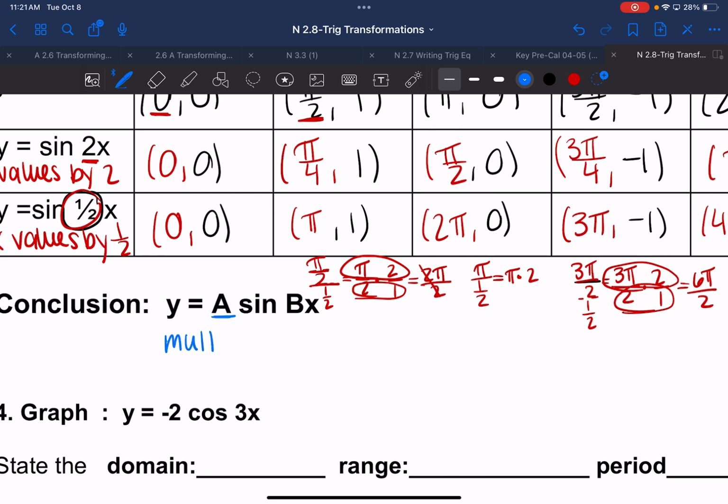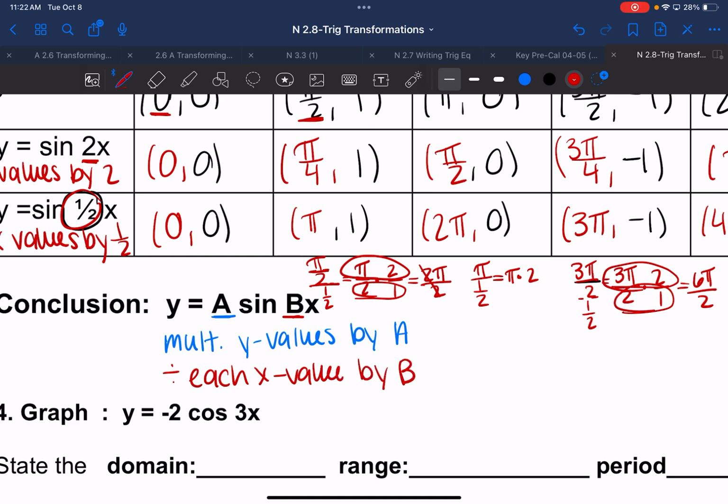Okay, so this means multiply y values by A. But it has a different function if it's in the equation, right? Like where this capital B is. So from here on out, let's call it capital B. And what does that B mean we're going to be doing? All right, so divide each x value by B. Good. Okay, so we figured out the pattern.